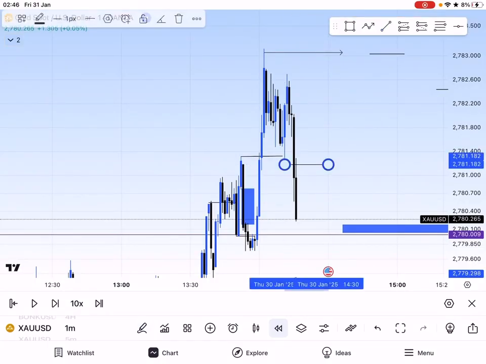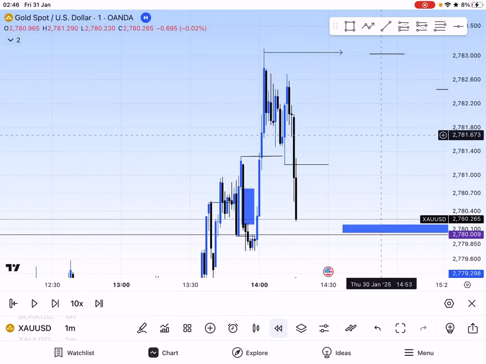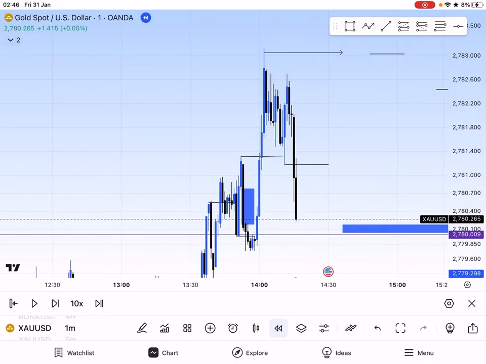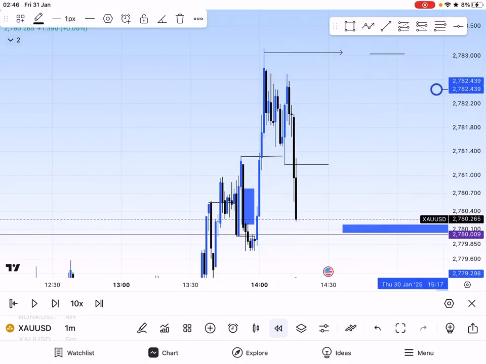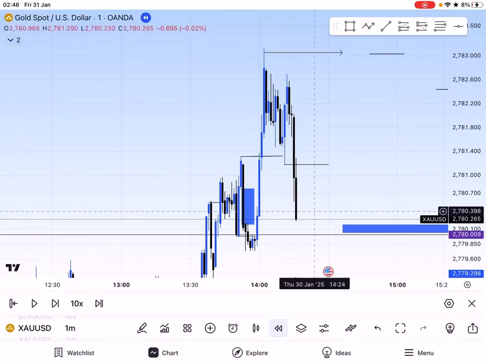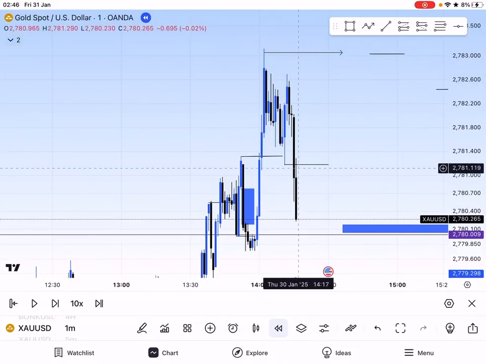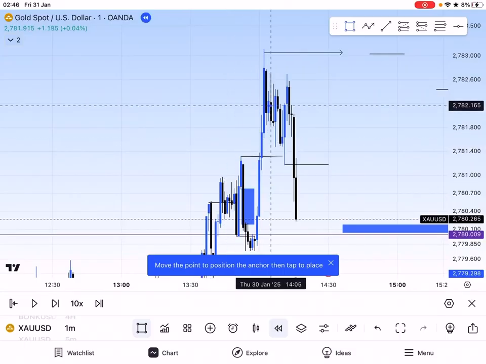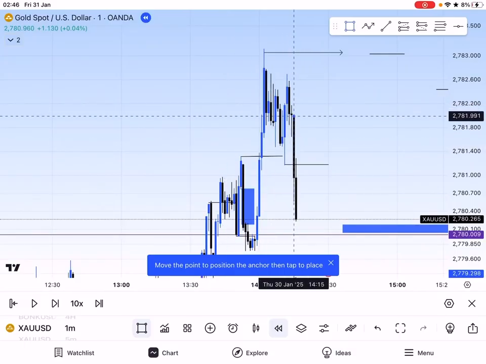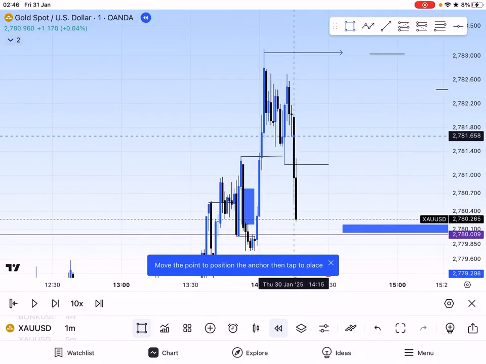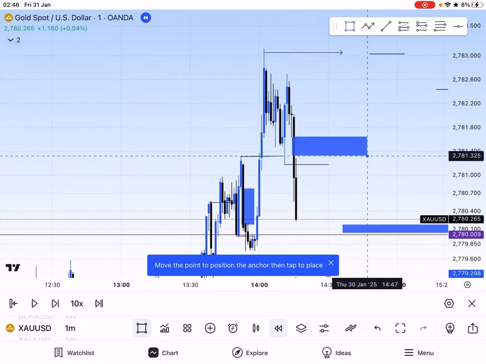It's also obvious. If you cannot see an inducement clearly, then it's not an inducement. Don't try to say this is an inducement or something like that. And you can see the momentum candle. So these four bearish candles, one, two, then this expanded and this. You can see the imbalance price left behind.